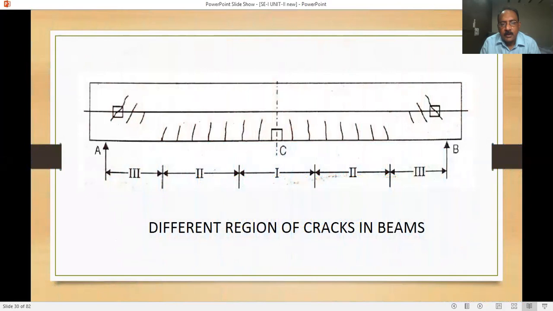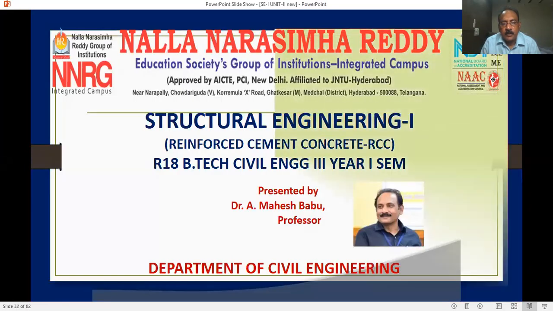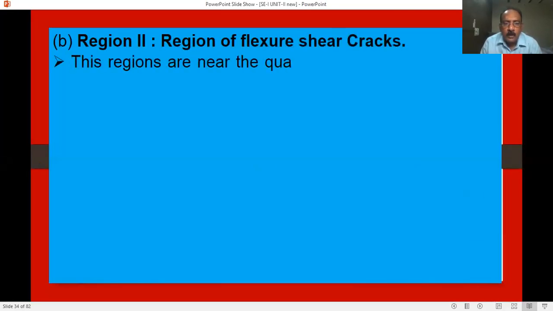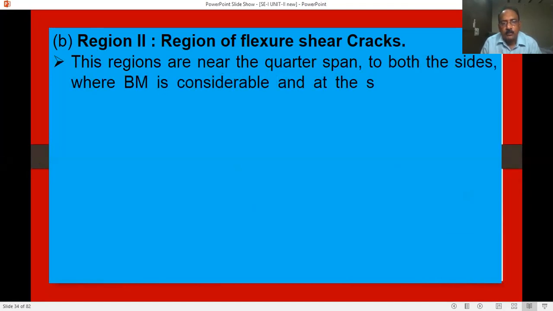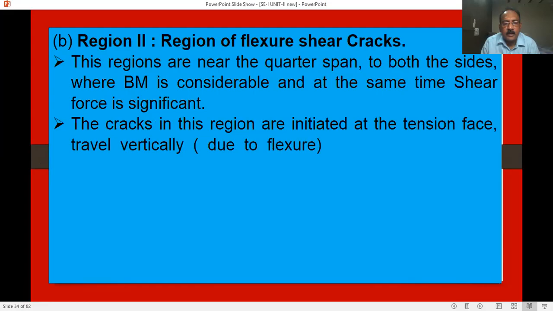In region 2, if you observe, these are slightly inclined towards the neutral axis, right? And in continuation, if you see that region 2, the failure cracks are due to flexure shear, both bending moment and shear, that develop at the bottom straight up to some level and then incline towards the neutral axis. This is case 2.